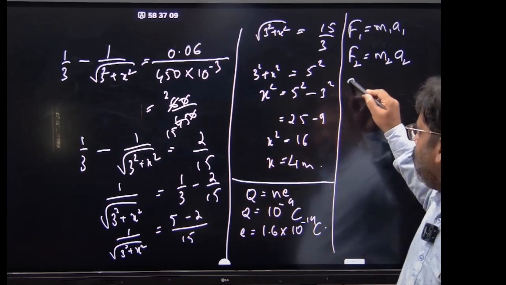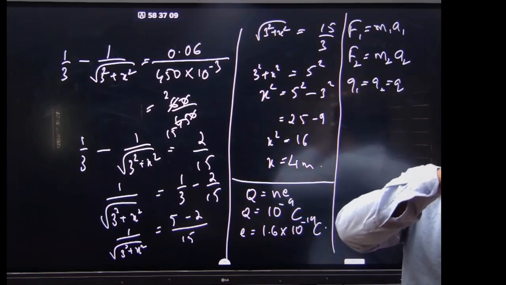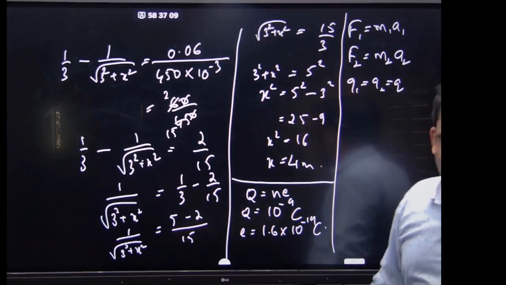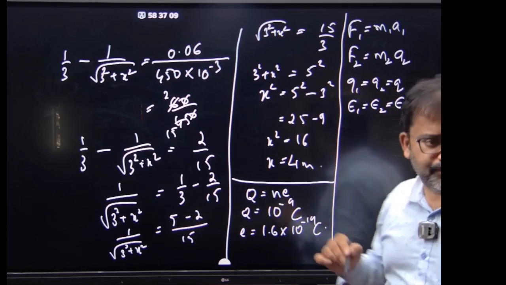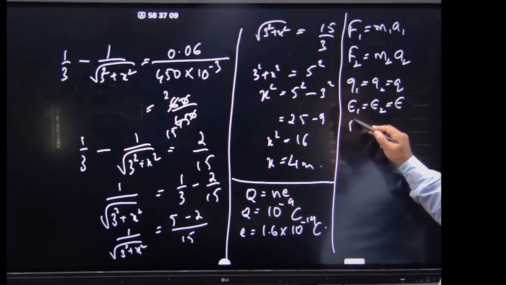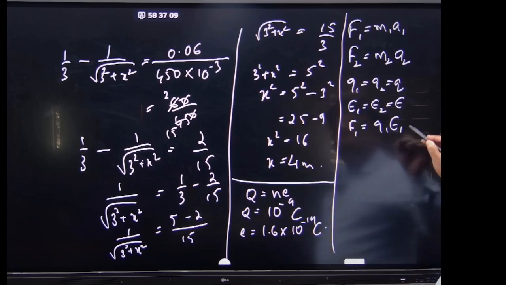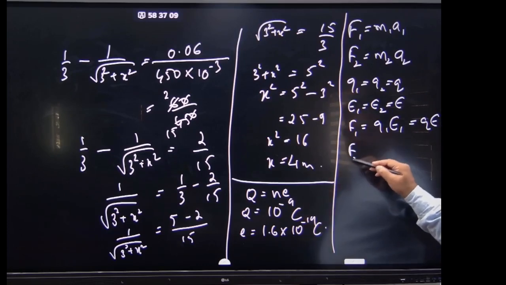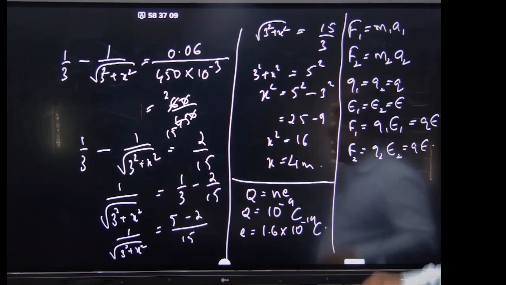That means Q1 is equal to Q2 is equal to Q. And the electric field in which they are moving is a uniform electric field, which means that E1 is equal to E2 is equal to E. Now F1 is equal to Q1 E1, which is equal to QE. And F2 is equal to Q2 E2, which is equal to QE.